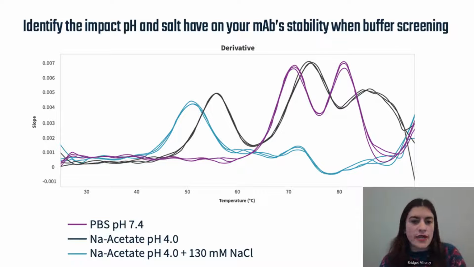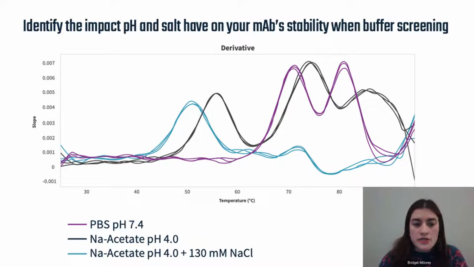Yes, so as you pointed out, these are three unfolding profiles of Herceptin in three different buffer conditions. Here we're just looking at the first derivative view for ease of explanation. The biggest takeaway here is that the PBS buffer at pH 7.4 is the best.